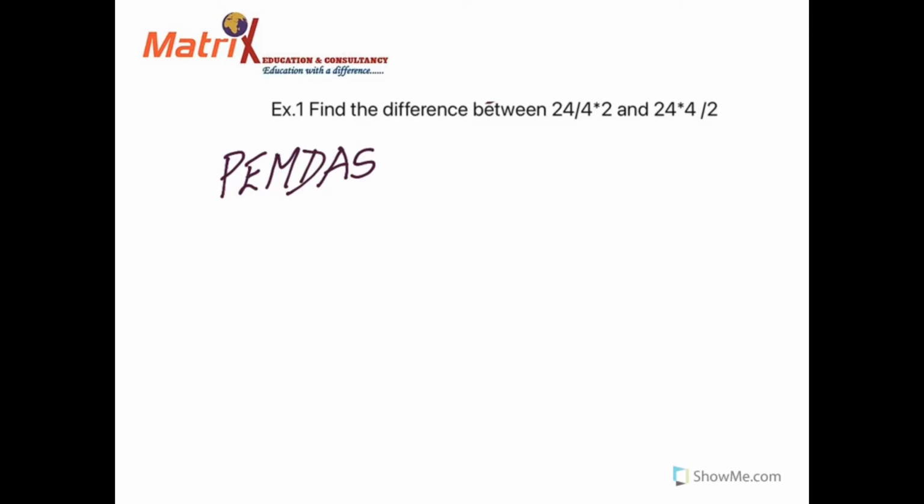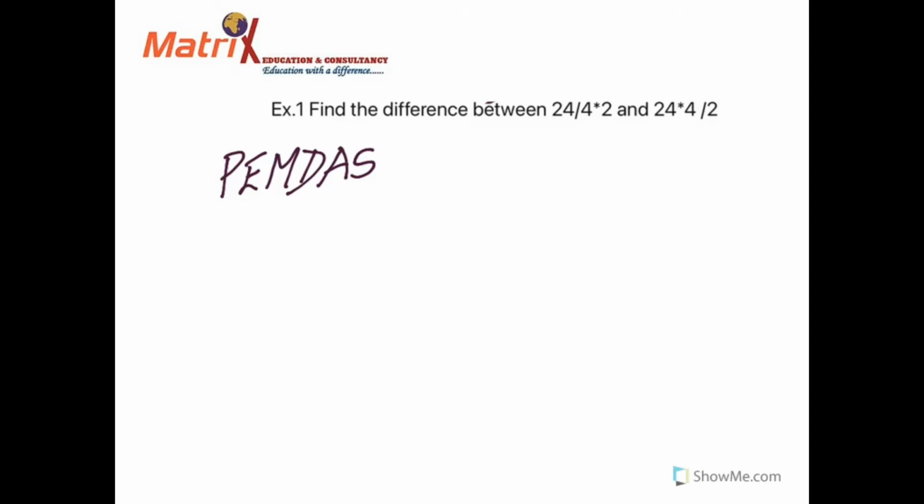As per the laws of PEMDAS, multiplication comes first, division comes later, but they are of the same rank and order as addition and subtraction is. Whatever the operation between multiplication and division, start from left towards right.